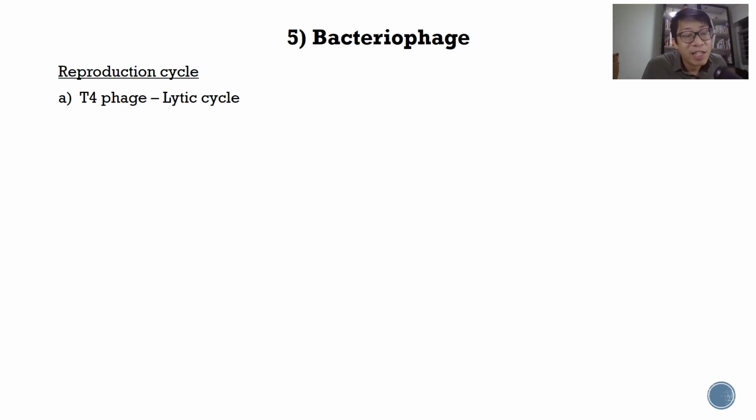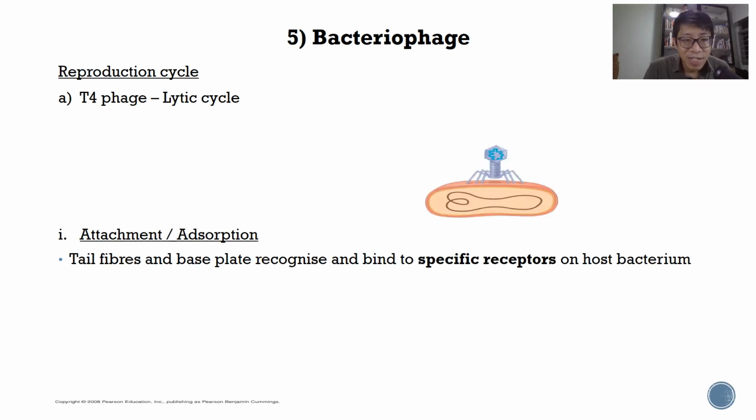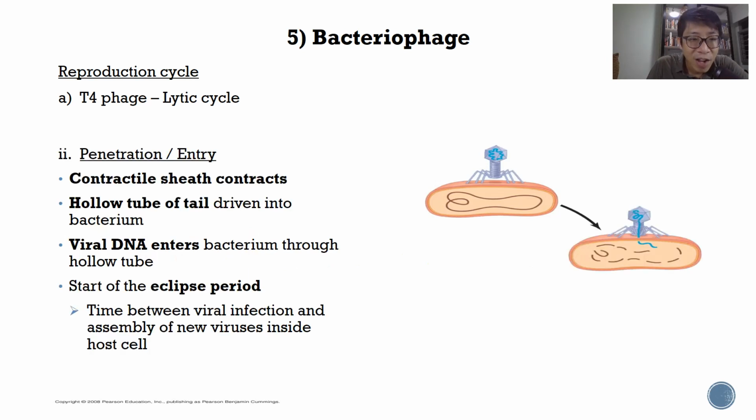Okay, so anyway, let's look at the reproductive cycle for the T4 phage, which reproduces by lytic cycle only. Right, so the first step is attachment that involves the tail fibers and the base plate. They will bind to specific receptors on the host cell. After that, the contractile sheath of the tail would contract, and that would drive the tail into the bacterial cell past the bacterial cell wall.